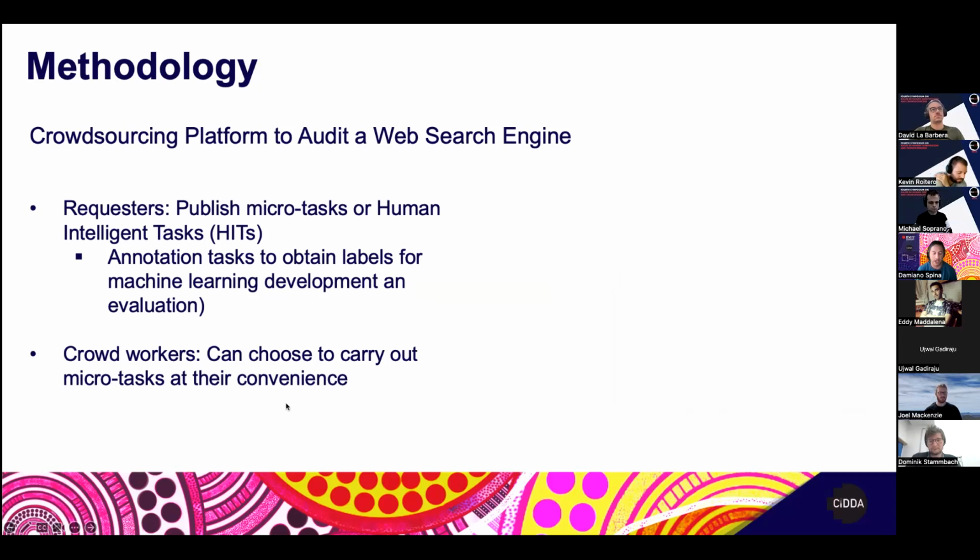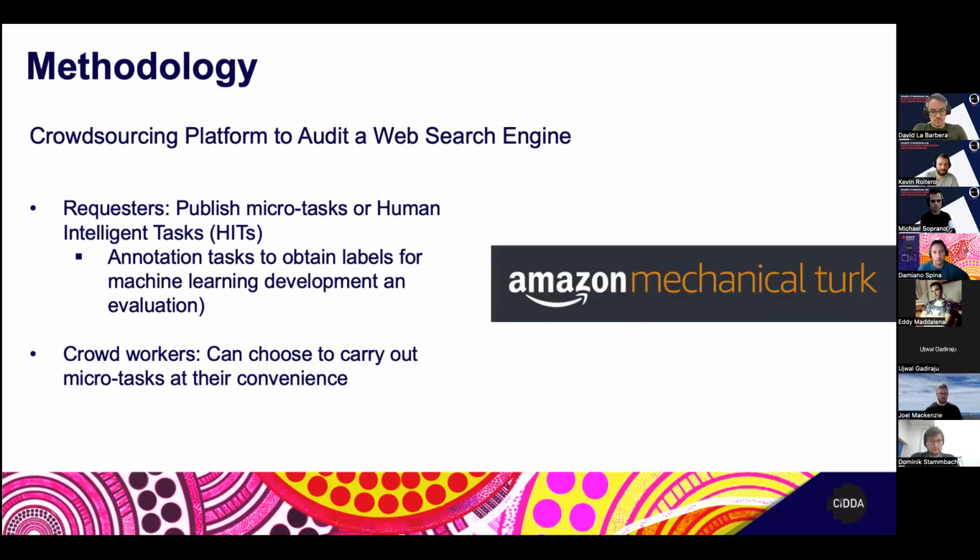Generally, we use it for obtaining annotations, like the ones Kevin was talking about, like labels in particular for training and evaluating different machine learning systems. And crowd workers can choose to carry out a microtask at their convenience. So in this particular work, we use the crowdsourcing platform Amazon Mechanical Turk.